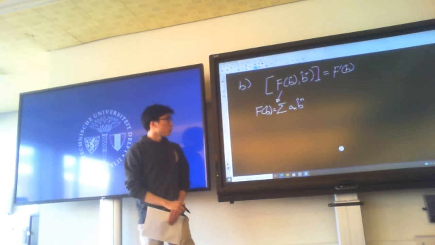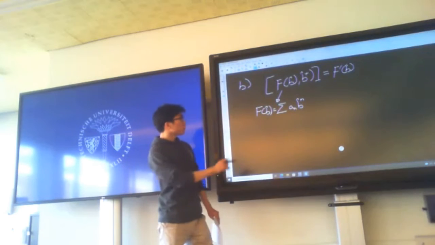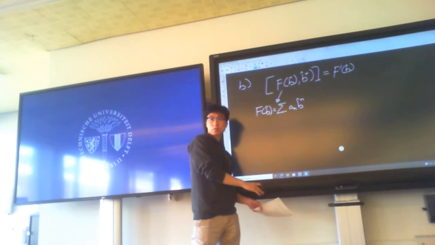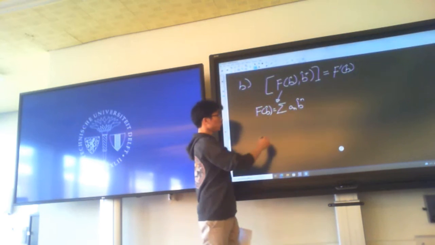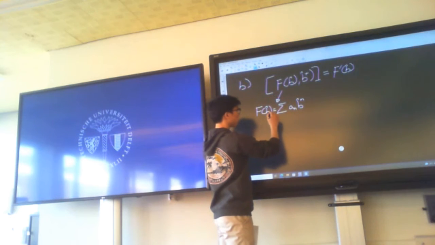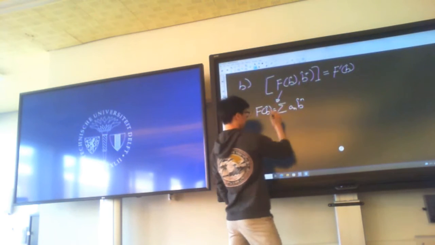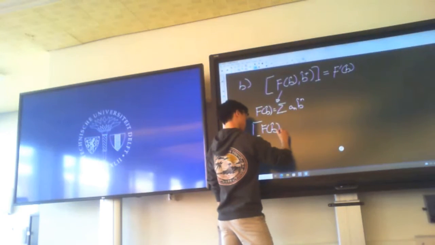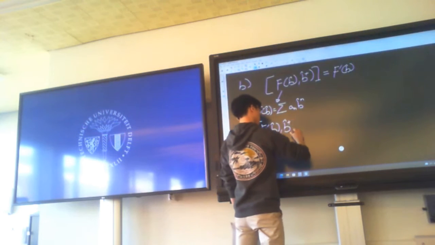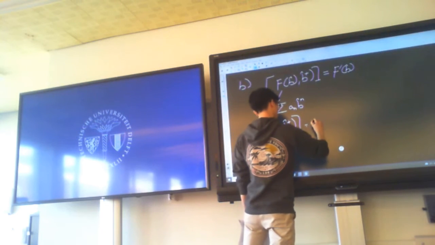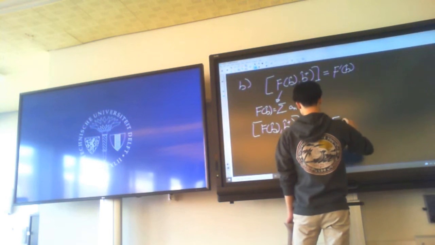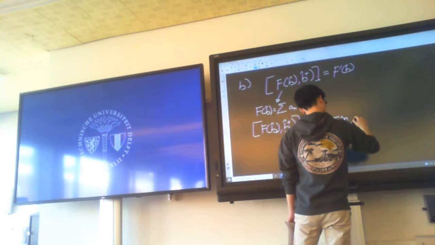And now you sort of see it. We take the commutation of the sum, but that is the same as the sum of the commutations. So we get the sum of the commutators of B^n with B dagger, right?